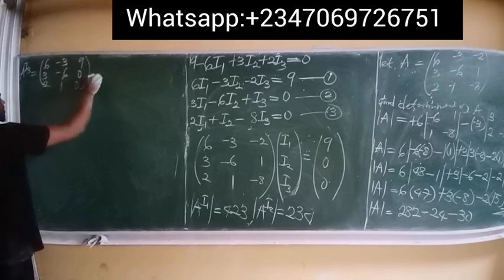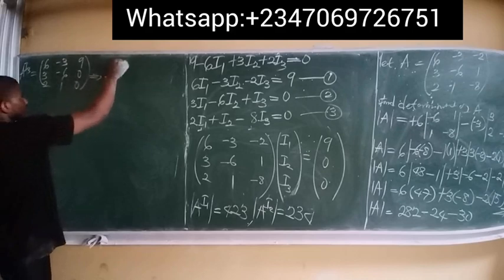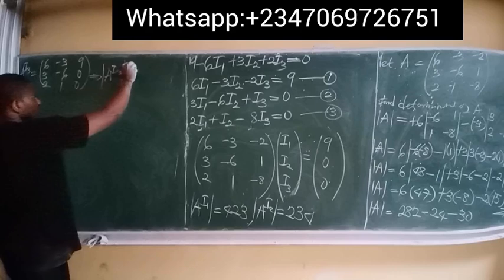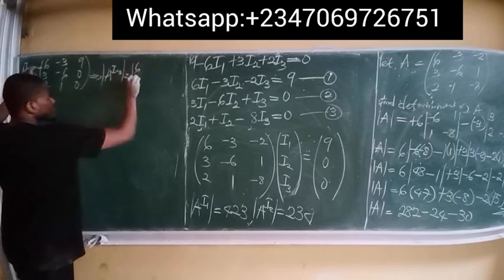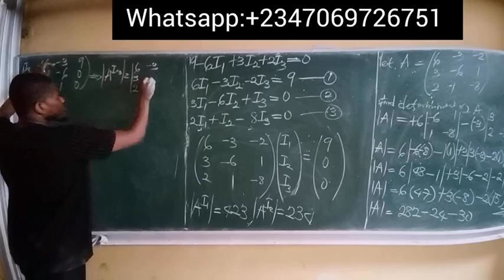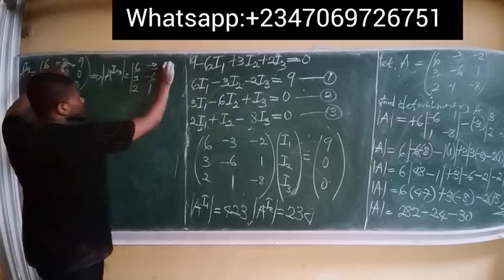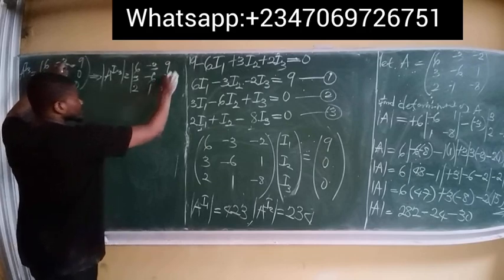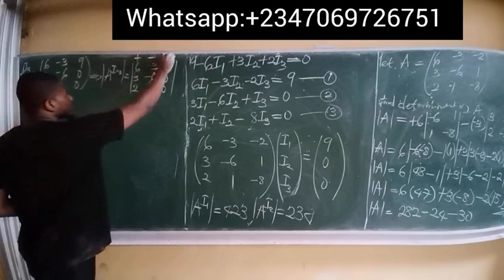So we find the determinant of this matrix AI3, and that's simply equal to, so you put it in a determinant, it becomes 6, 3, 2. Okay, we have minus 3, minus 6, and 1. Finally, we have 9, 0, 0. So as always, the first is positive, next is negative, and this is positive.